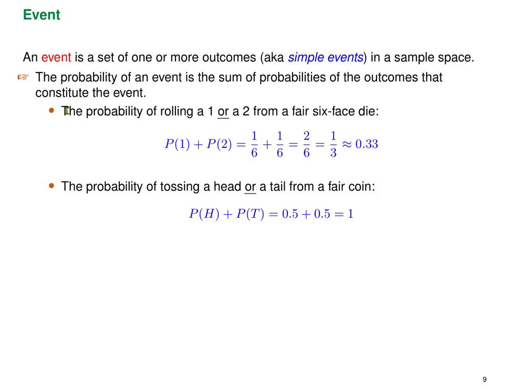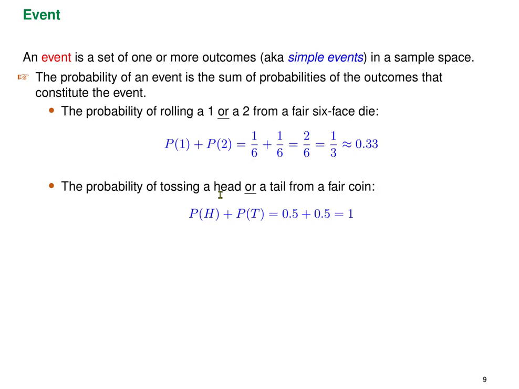For example, the probability of rolling a 1 or a 2 from a fair 6-faced die is simply equal to the probability of outcome 1 plus the probability of outcome 2, which is equal to 1 over 6 plus 1 over 6, which equals 1/3.